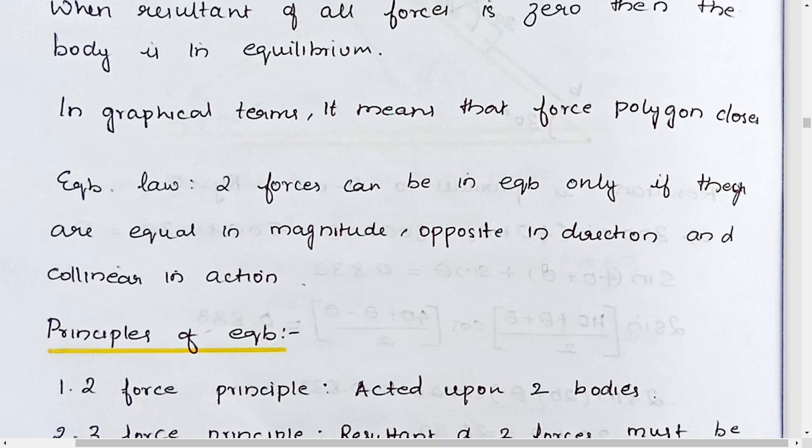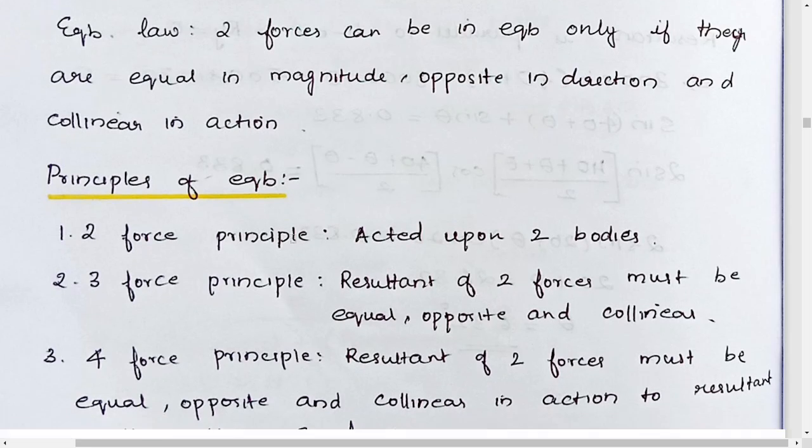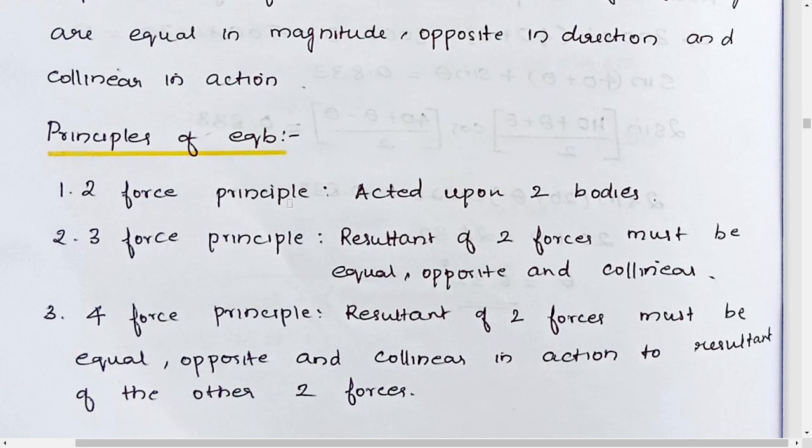Okay, so what are the principles of equilibrium? We have different cases. If there are two forces, then the body is acted upon by two forces, which should be equal in magnitude, opposite in direction, and collinear.